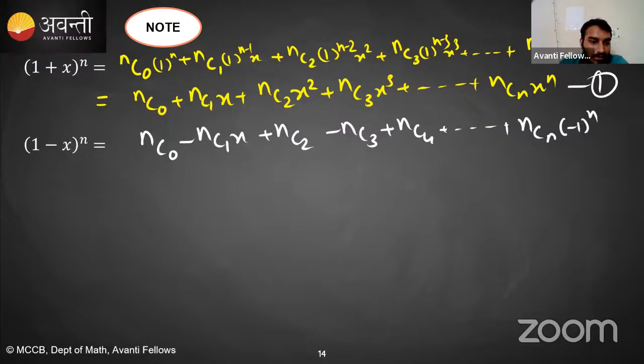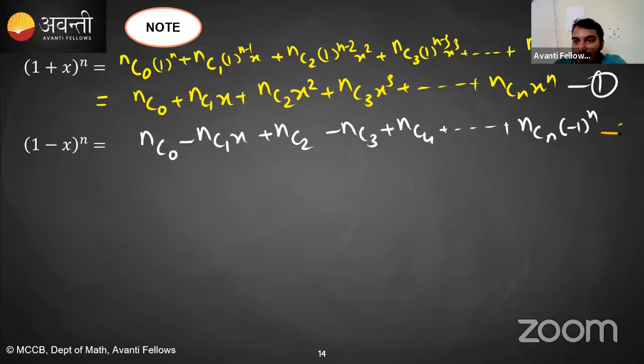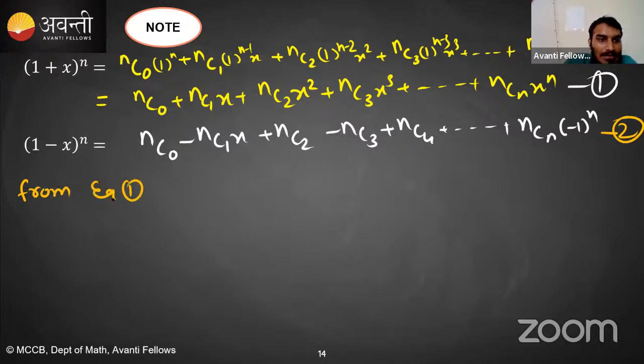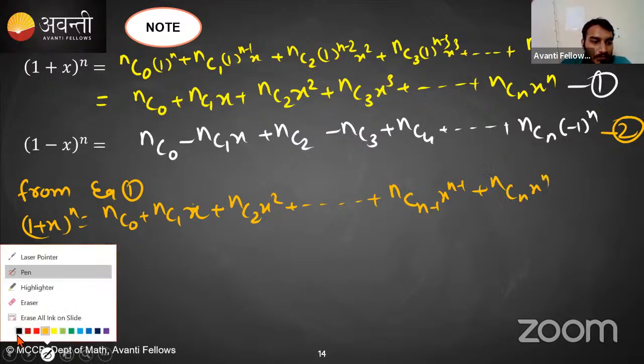Now, please look carefully. Let's call this equation 1 and this equation 2. From equation 1, (1 + x) raised to the power n is nC0 + nC1 x + nC2 x^2, like that up to nC(n-1) x^(n-1) + nCn x^n.